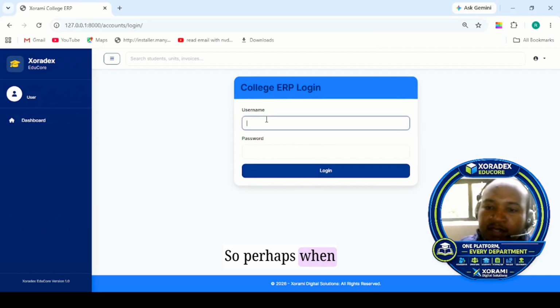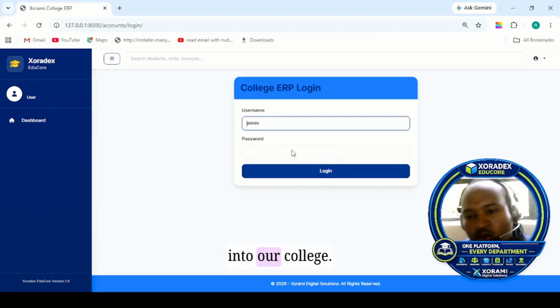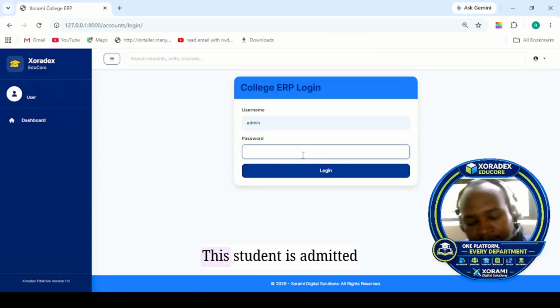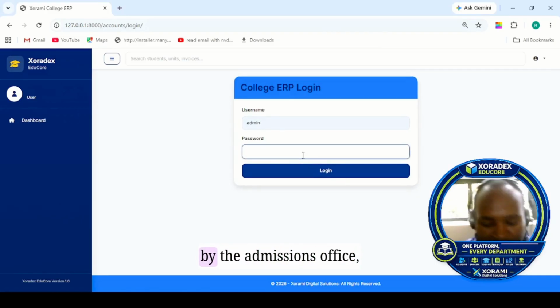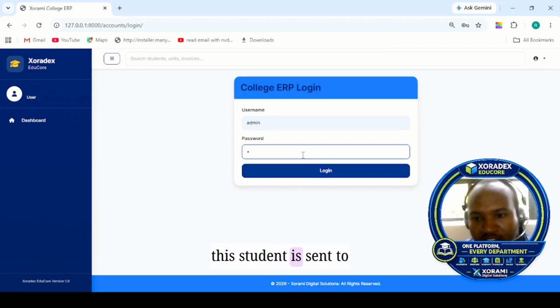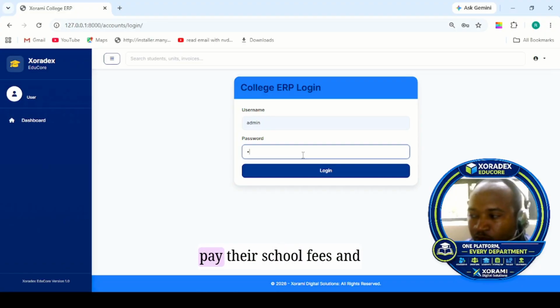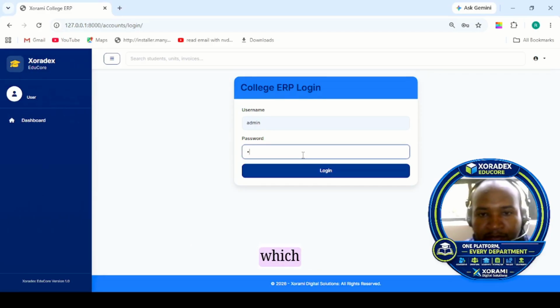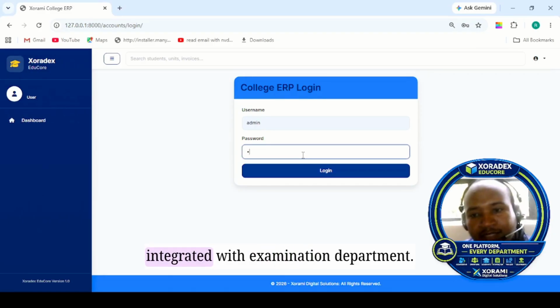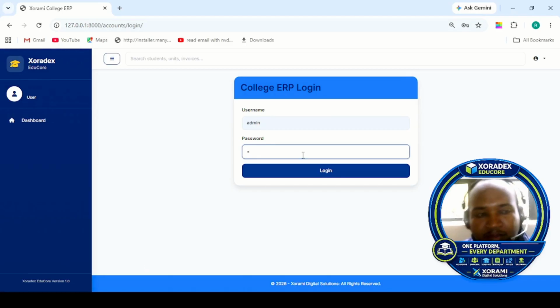So perhaps when you talk about a student getting into a college, this student is admitted by the admissions office. And this student is sent to finance, or rather the accounts, to pay their school fees, and pushed forward into their academic department, which again is integrated with the examination department.